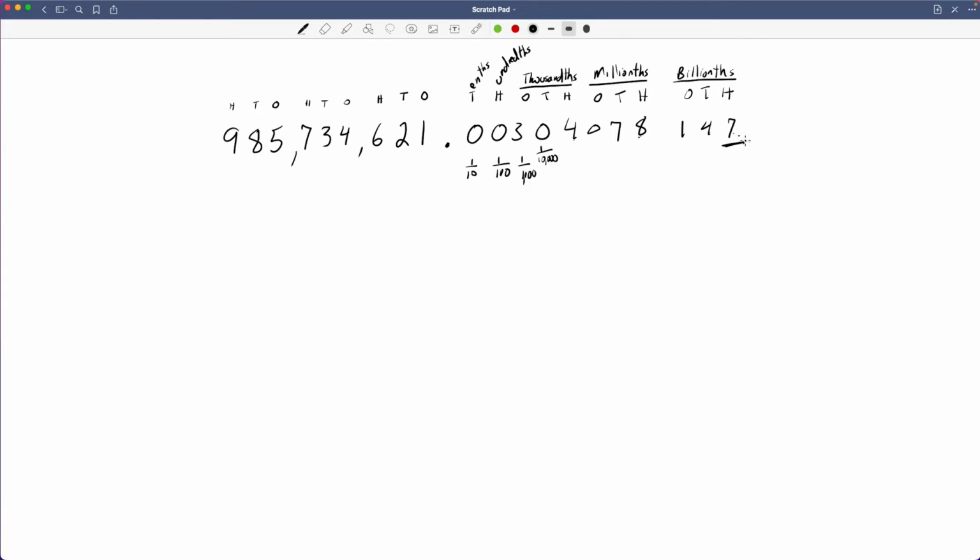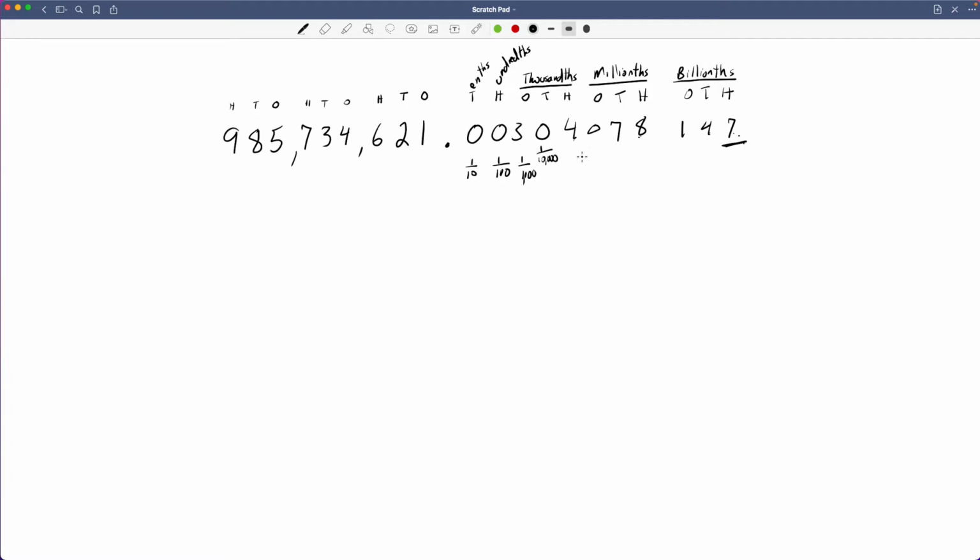We're not going to deal with any numbers this big today, but it is good to understand the pattern so that you don't have to memorize a chart. Understand the pattern and you don't have to memorize a chart. You can build it yourself as you see the number and work it out in your head.